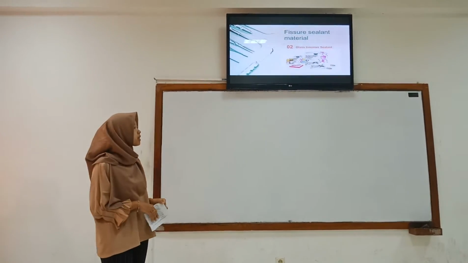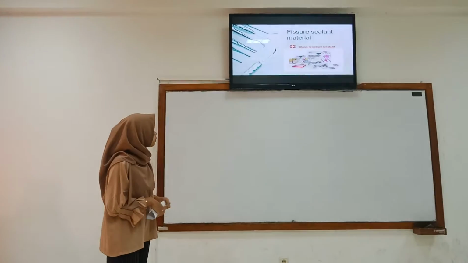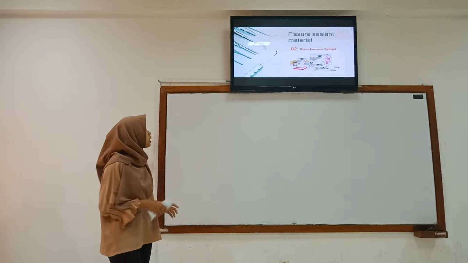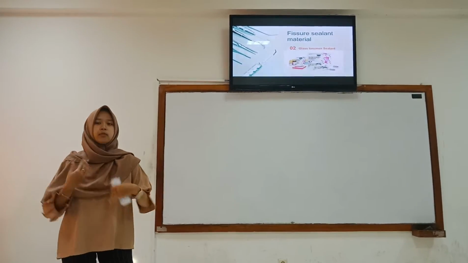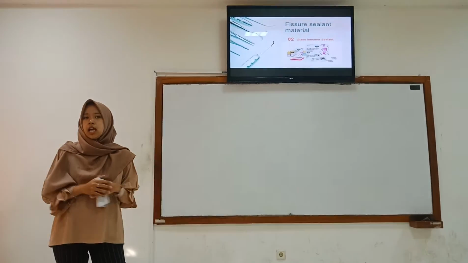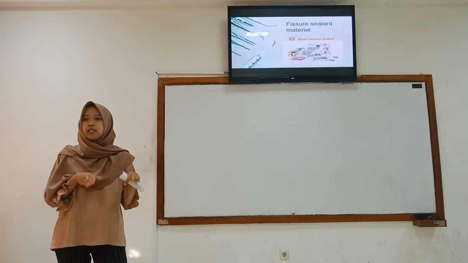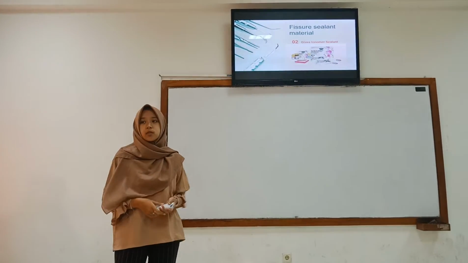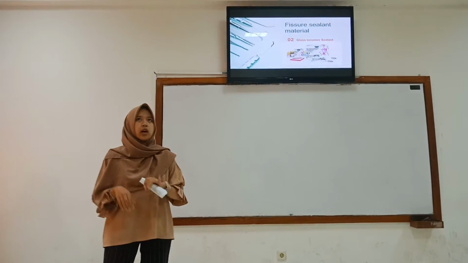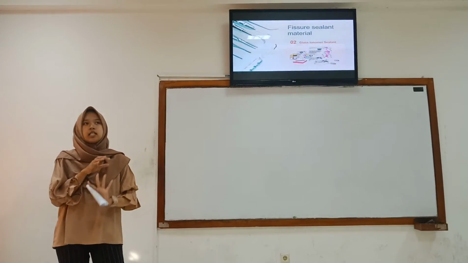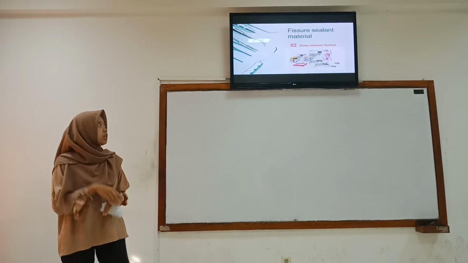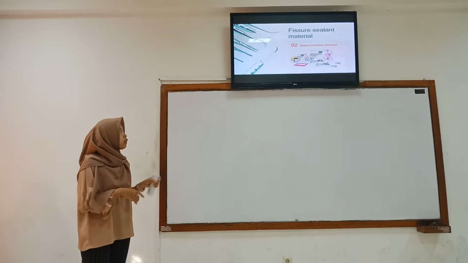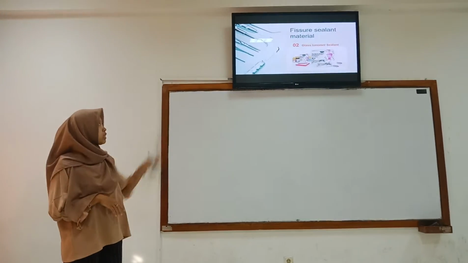Second, fissure sealant material: glass ionomer sealant. For the fissure sealant, we use GIC type 7. There are many types of GIC, such as GIC type 9 and GIC type 7, but in this case we use GIC type 7.